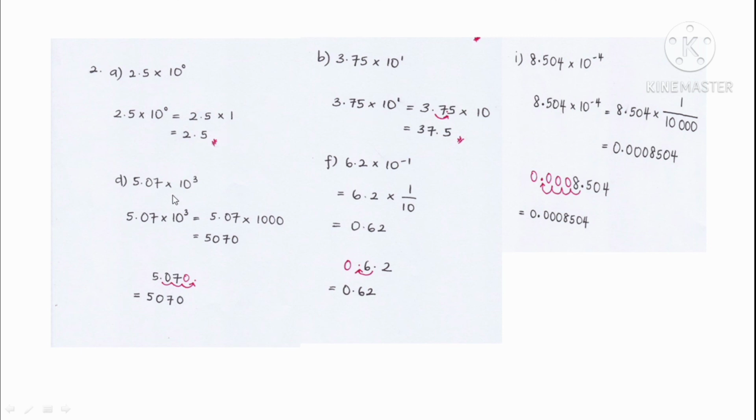So D, 5.707 times 10 to the power of 3, which represents 1000, and the answer will be 5707. For F, 6.2 times 10 to the power of negative 1, which is 1 over 10, and the answer would be 0.62. As for 8.504 times 10 to the power of negative 4, the answer will be 0.0008504.